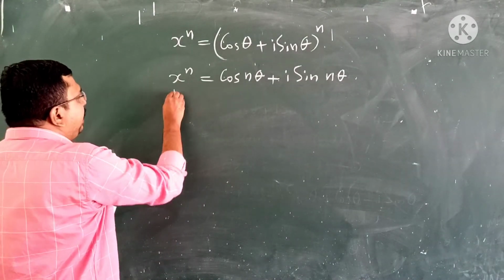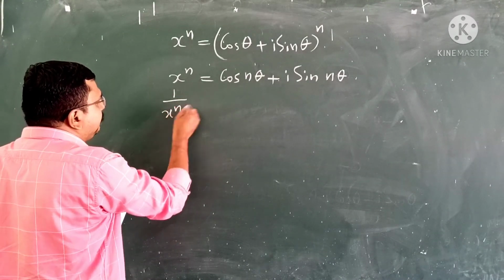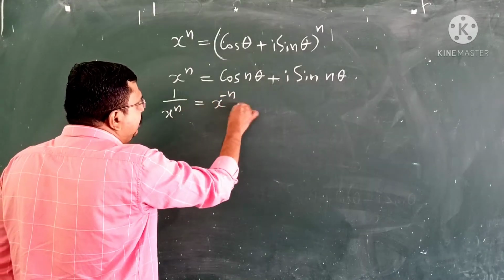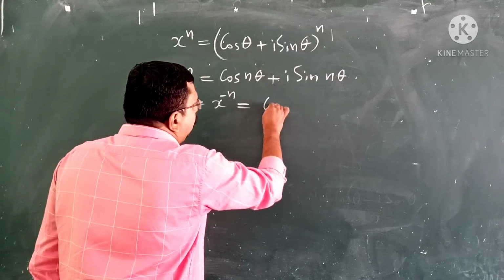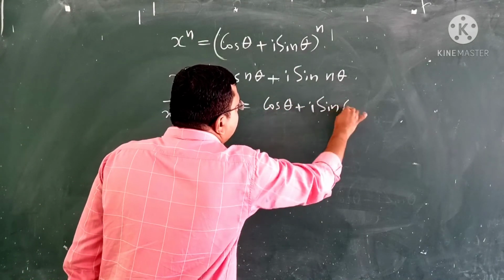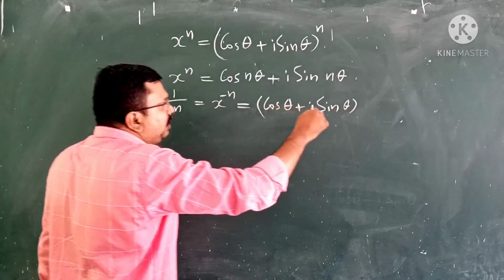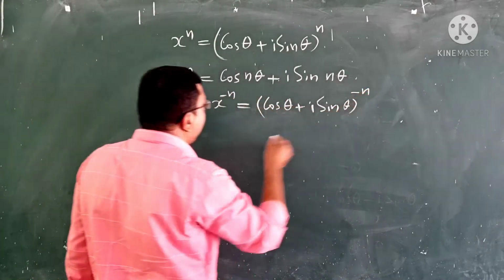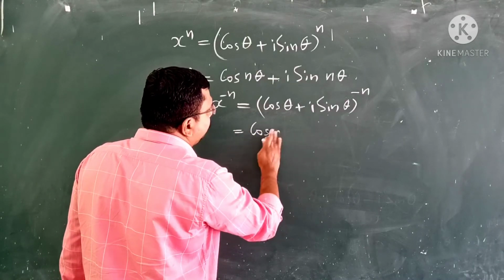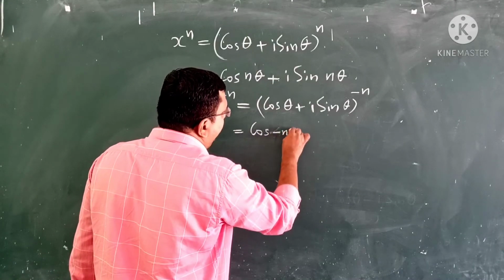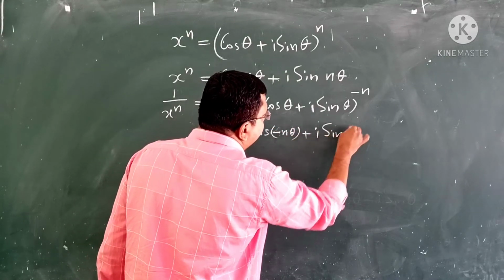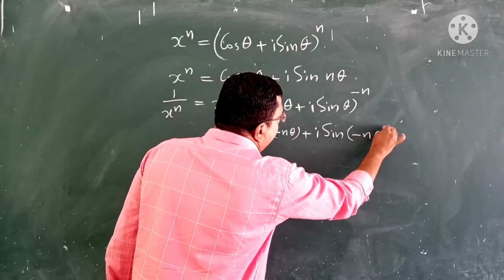Similarly, 1 by x raised to n equals x raised to minus n, which equals (cos theta plus i sin theta) the whole raised to minus n, equal to cos minus n theta plus i sin minus n theta.